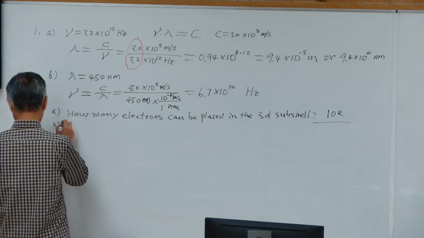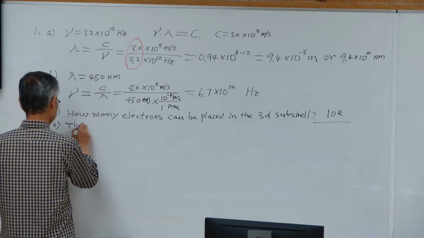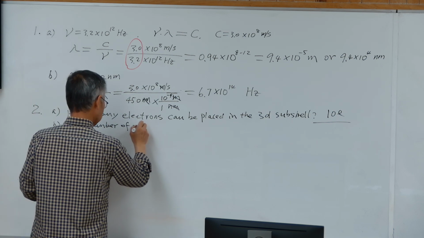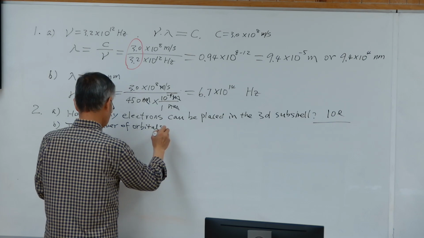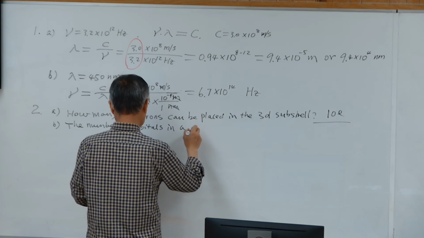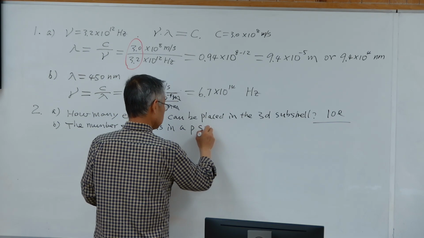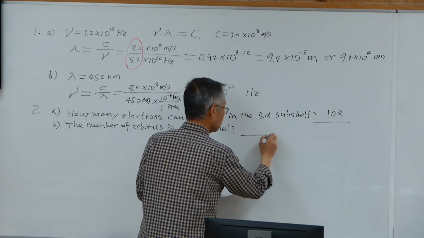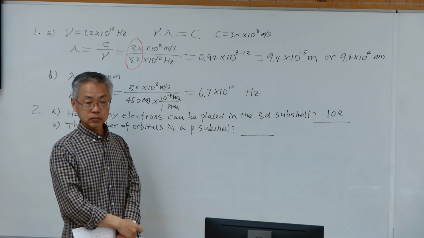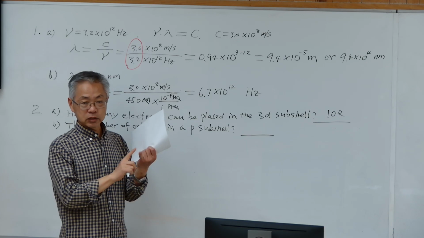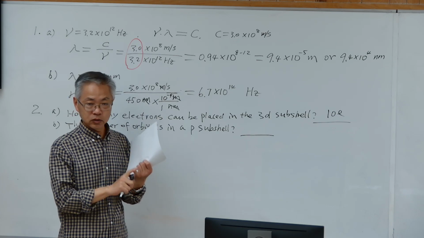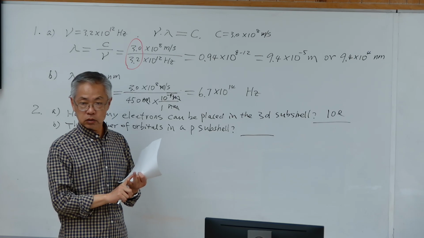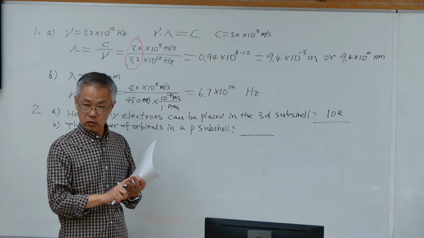B asks you the number of orbitals in a p subshell. P always has 3 orbitals. An s subshell is 1 orbital: 1s, 2s, 3s, always 1 orbital. P always has 3 orbitals: 2p, 3p, 4p, 5p, always 3.